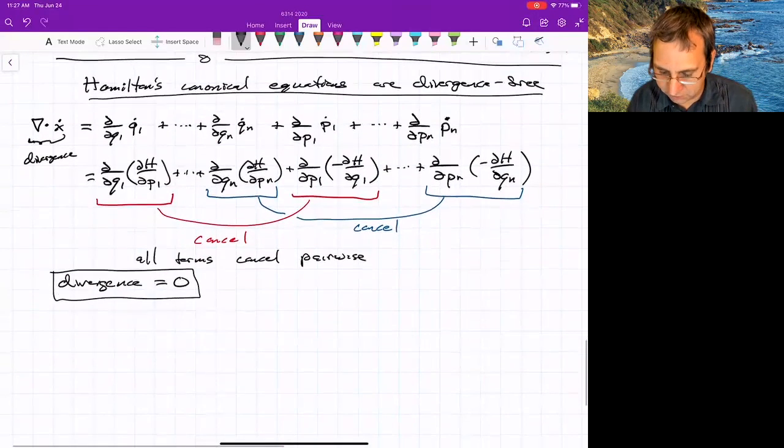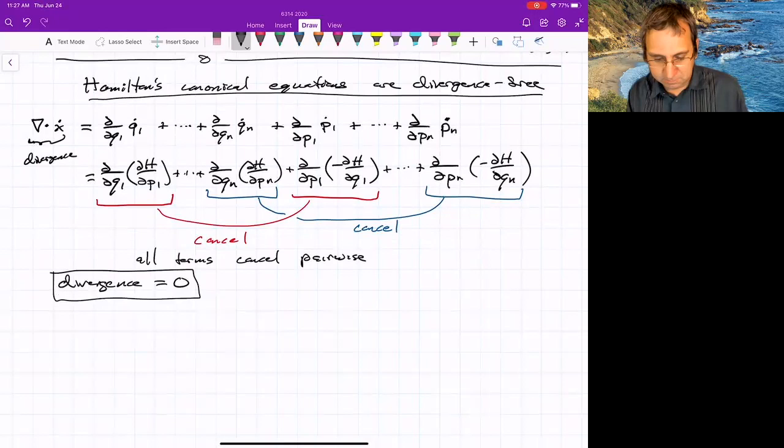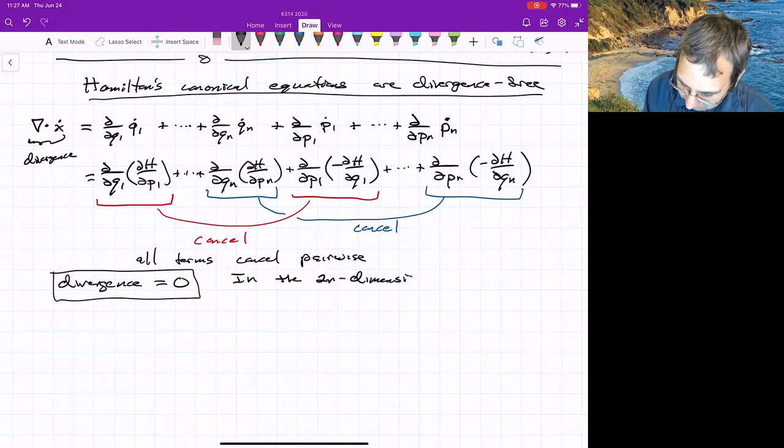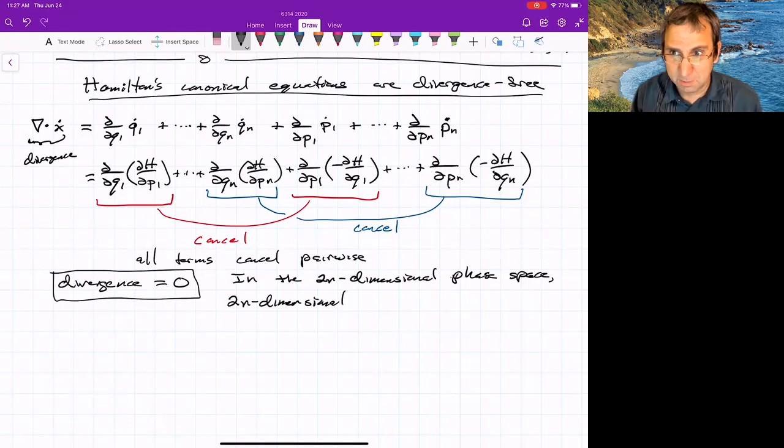So if you have a divergence-free system of ODEs, or a velocity field, a vector field in 2n dimensions, then in the 2n-dimensional phase space, we haven't yet said anything about lower dimensional things, but 2n-dimensional blobs, so blobs of full volume, will be preserved.